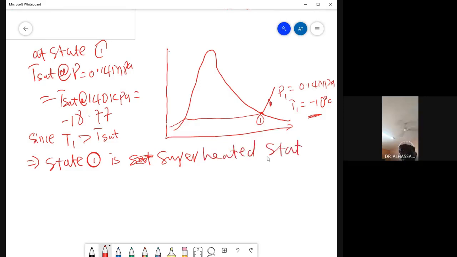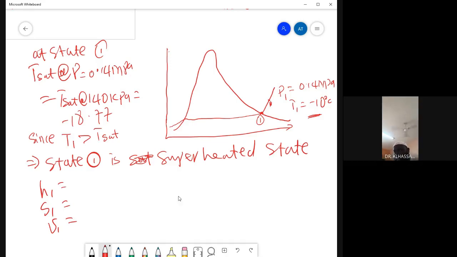So if you have to determine all properties at state 1, like H1, S1, and specific volume V1, you have to refer to the superheated table.